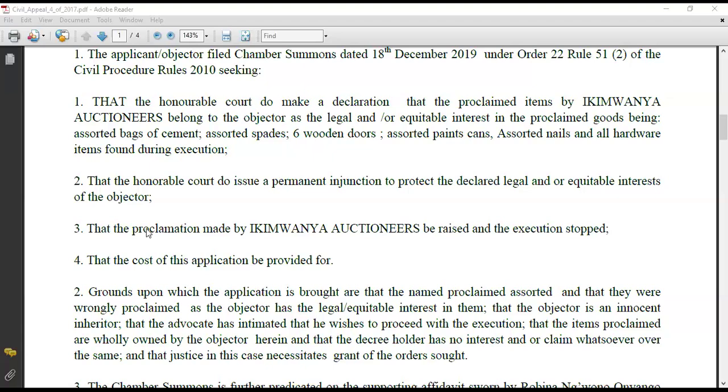Application, the one we have dealt with, to object to attachment of a property by an objector, chamber summons, for a person who has a legal right, amongst others. So it's very good in an exam that you know the applications brought by a chamber summons.